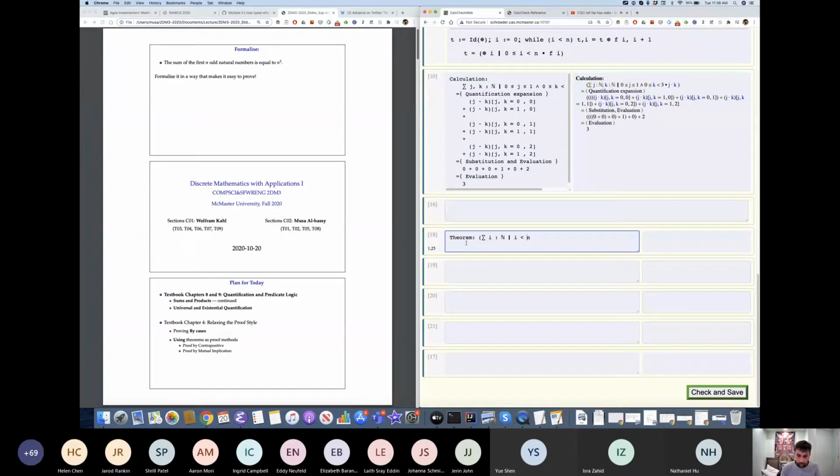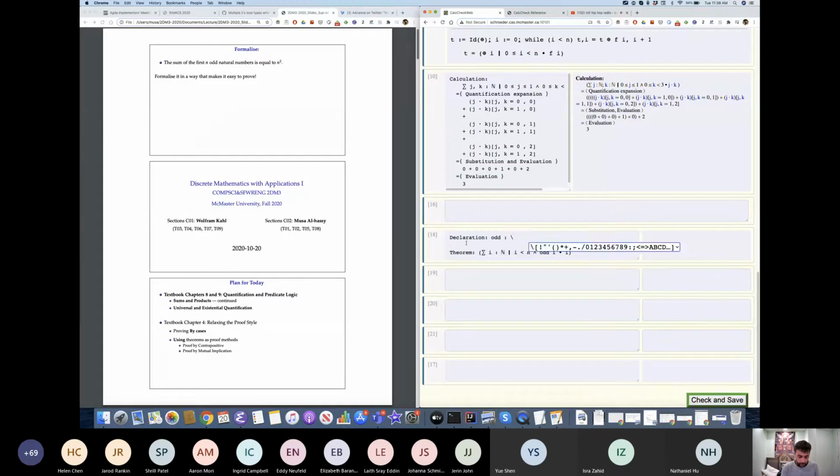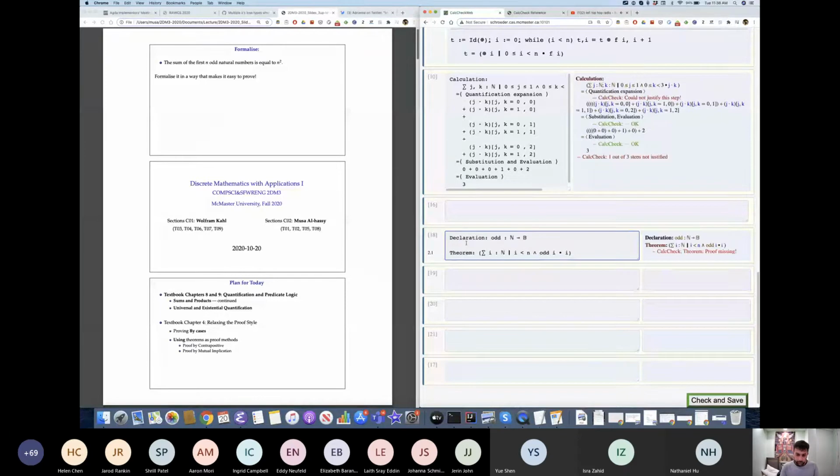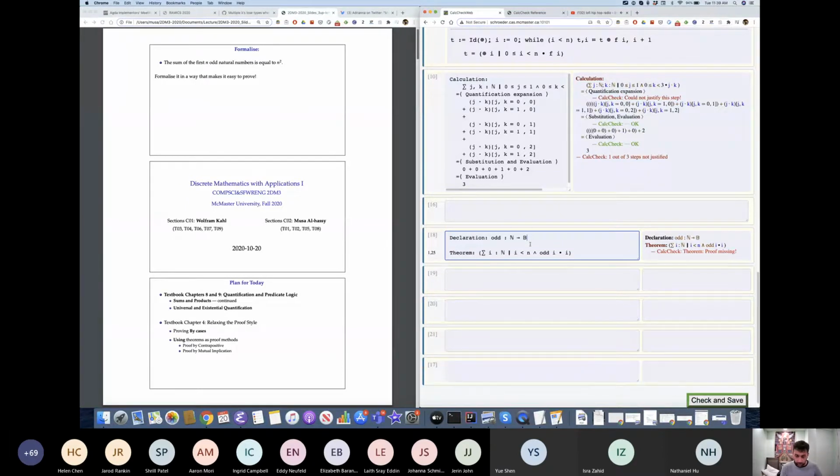Right, so we can do that, and we can say odd i, the body i. So we can try to do that, right? And of course we have to then have a declaration for odd of type natural numbers to booleans, okay? And then we can have an axiom that specifies what it means for a number to be odd.